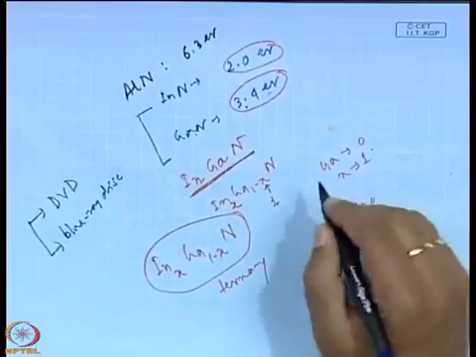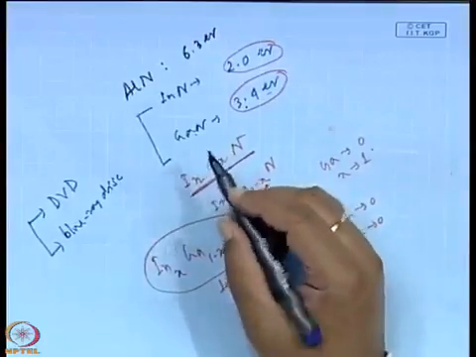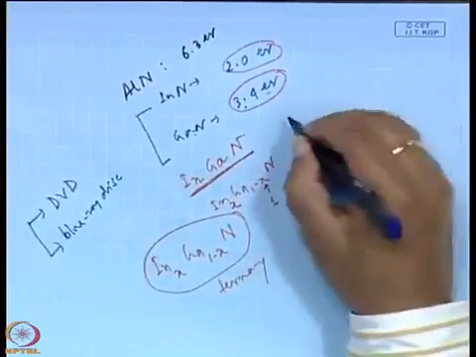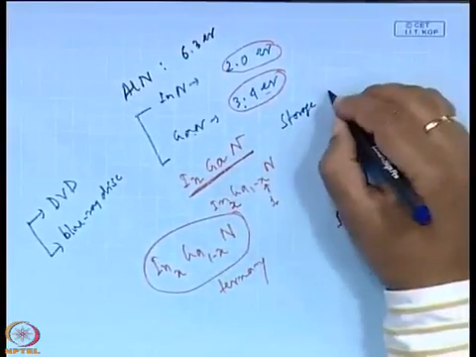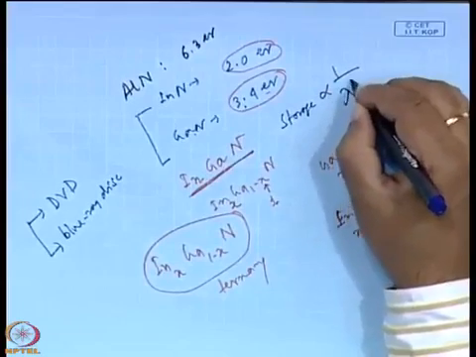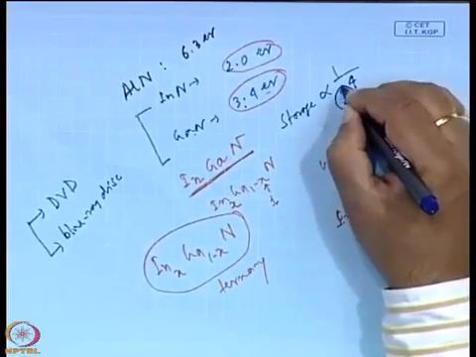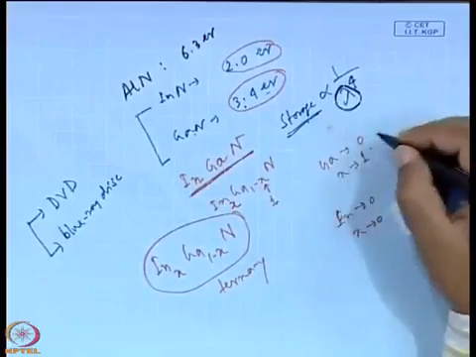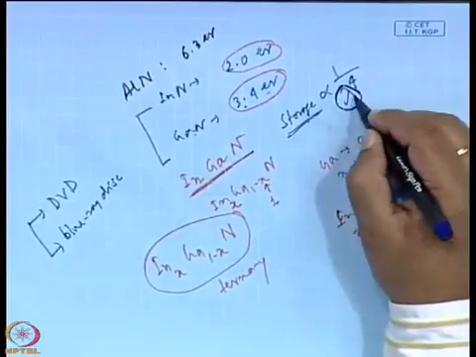And the present generation uses, say, a red LED, while earlier people used an infrared LED. The storage capacity in a disk is almost proportional to 1 by lambda to the power 4. So, if lambda becomes very small, the storage capacity will be increased, and very high storage will be there if lambda is small.